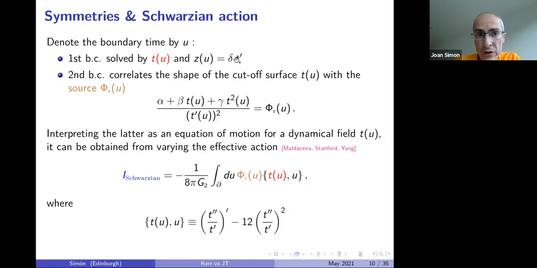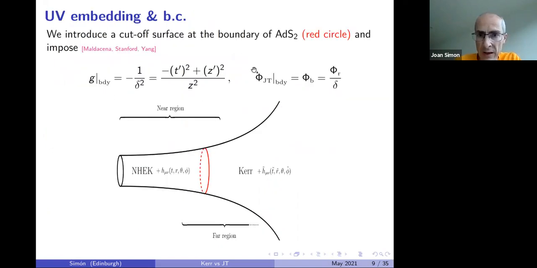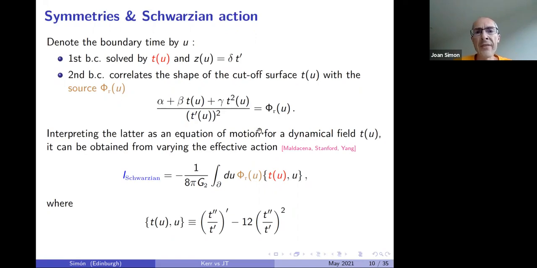And when you use this information to solve for the boundary condition for the JT mode, which is this one here, that relates the source of the matter field, which is the renormalized value of the matter field, in terms of the curve T of U.